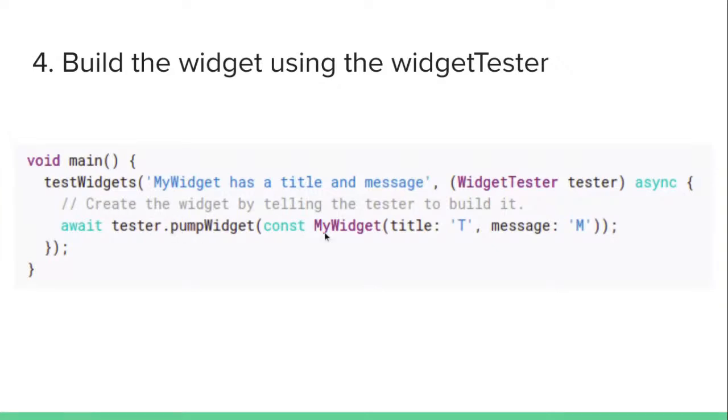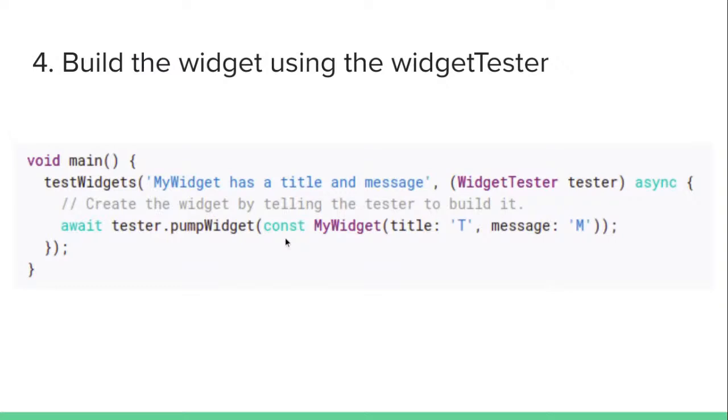We can use this tester object and use the function inside it called pumpWidget to build the widget called MyWidget. So pumpWidget builds and renders the provided widgets and creates MyWidget instances that display T as the title and M as the message. So here it's as if we did a creation of a widget called MyWidget. Okay.